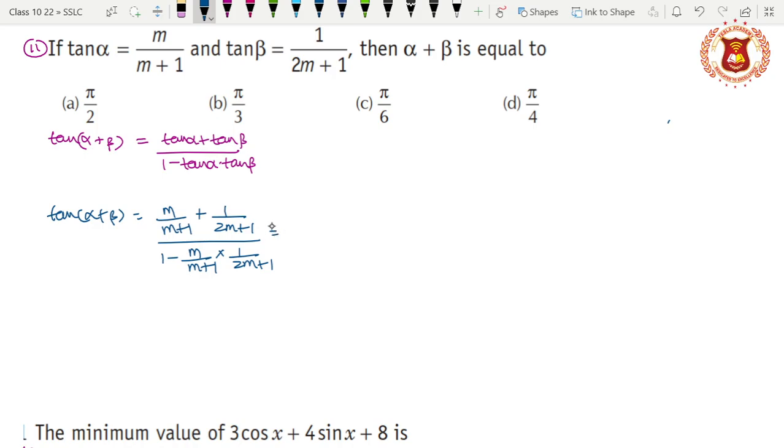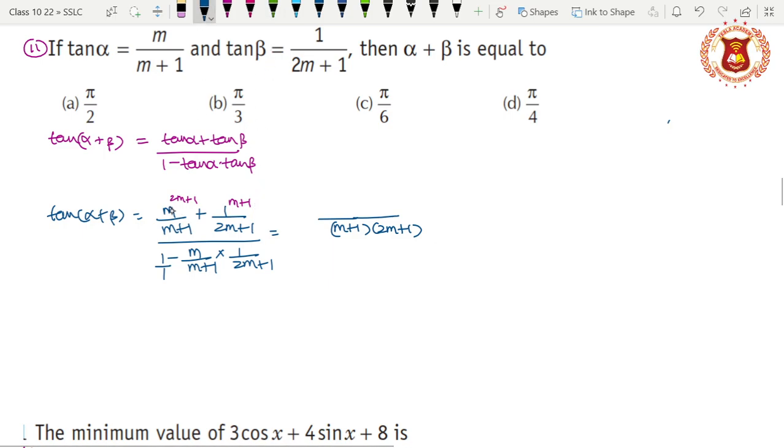Now I will take the LCM here, and here also the LCM is m plus 1 into 2m plus 1. Therefore let us take the LCM, m plus 1 into 2m plus 1. In the numerator I multiply by 2m plus 1 for the first term, and by m plus 1 for the second term.